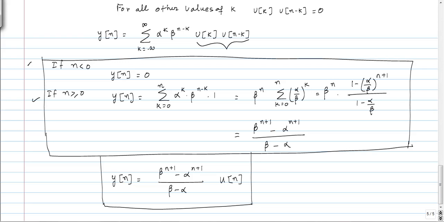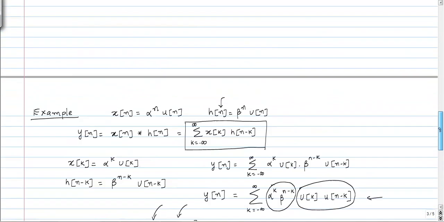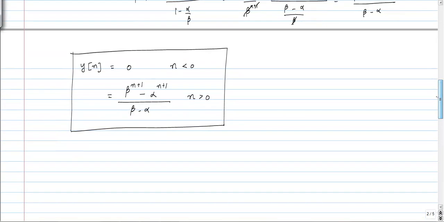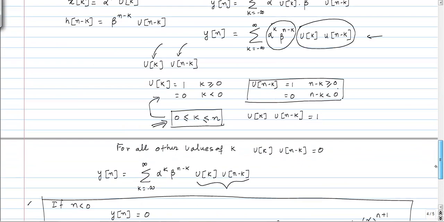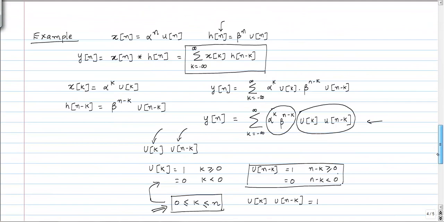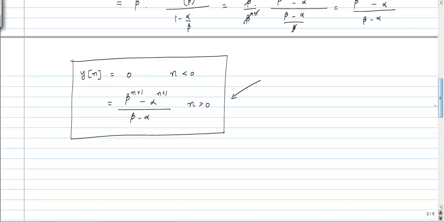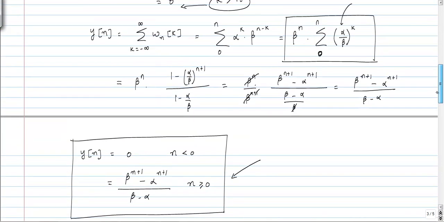Hopefully this coincides with the result we obtained when we did this convolution pictorially, and you can see it's exactly the same thing as here. It looks like I wasn't careful when I did it the last time. I should have had a greater than or equal to 0 here.